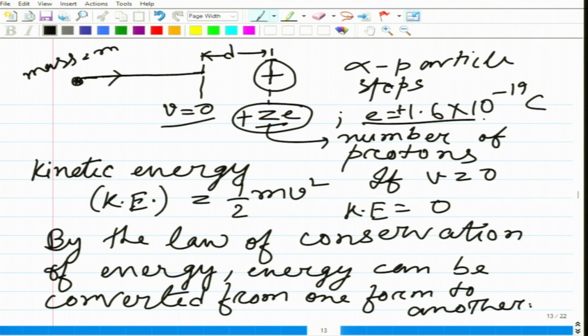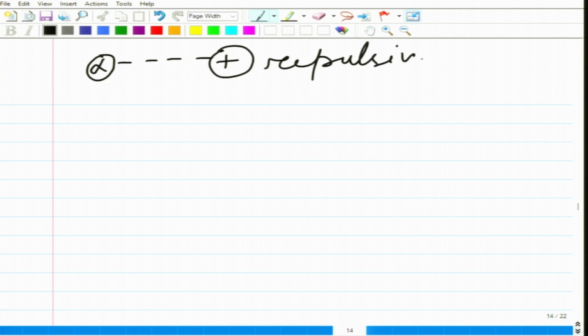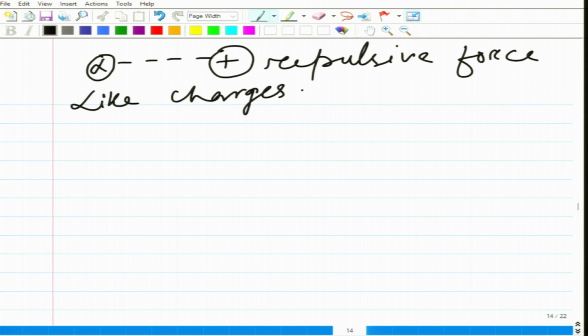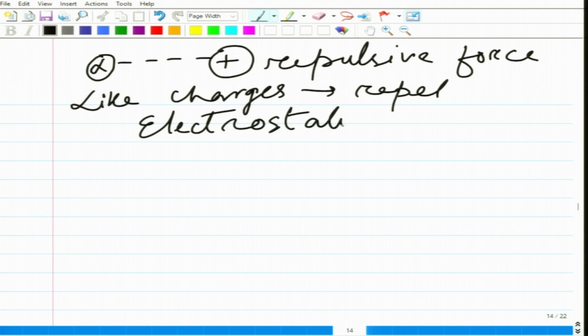So here, if kinetic energy is 0, then what is the force acting between the alpha particle and the nucleus? That is the repulsive force. What is this repulsive force? Since they are like charges, they repel. This repulsive force is actually electrostatic force.